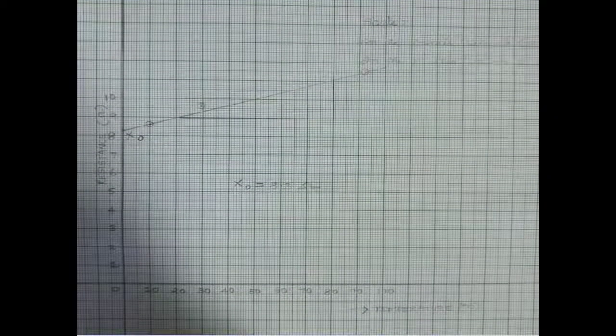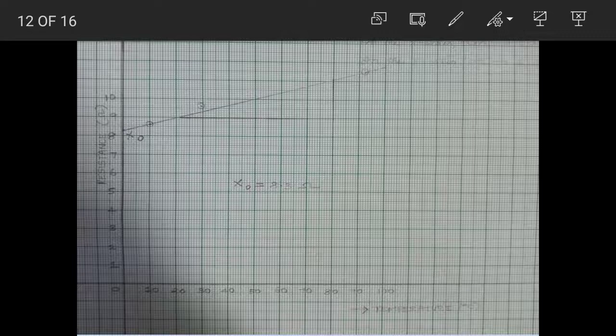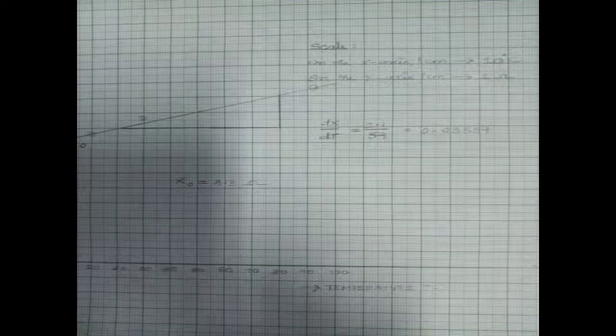The x0 value is 8.3 ohms here. Then take the slope of this line. When you take the slope, you will get dx by dt.